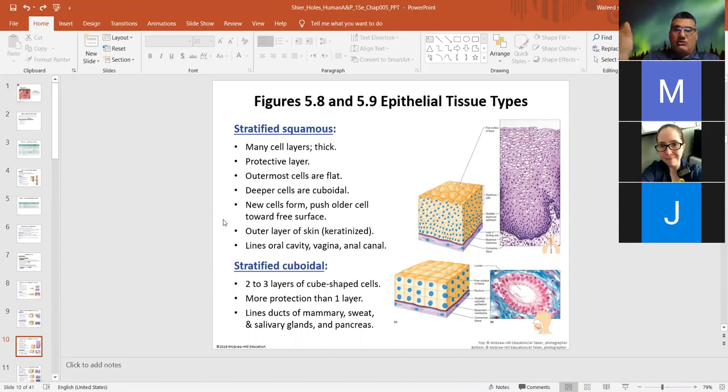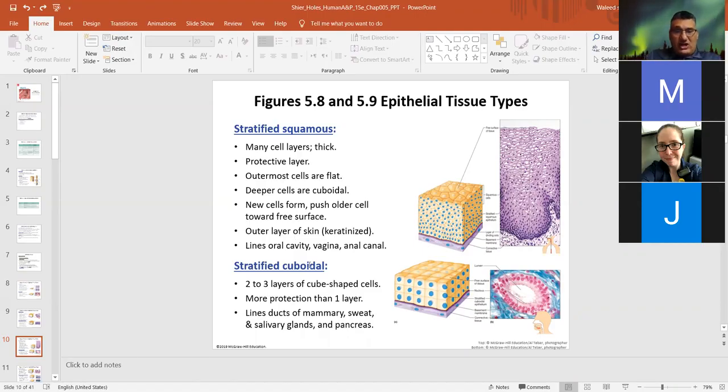Things are going in and out, whatever it is, depending on the nature. So you need to be strong enough to face this multiple friction that's happening on a daily basis. And that's the rationale of having stratified squamous epithelium, which is a tough type of epithelium. Because of this tough nature, you put it in these types of cavities that have communication and a lot of friction in and out.